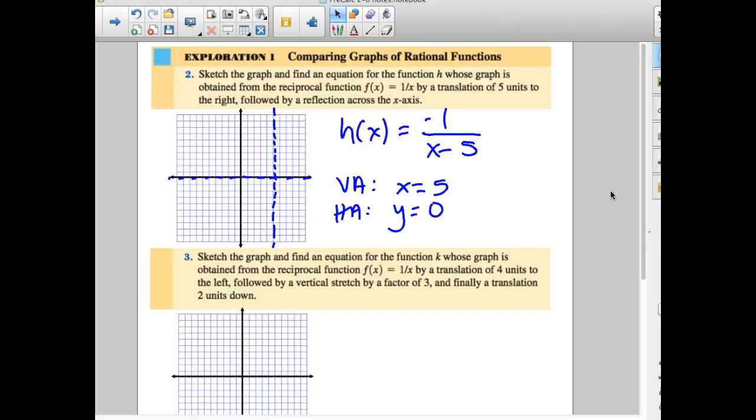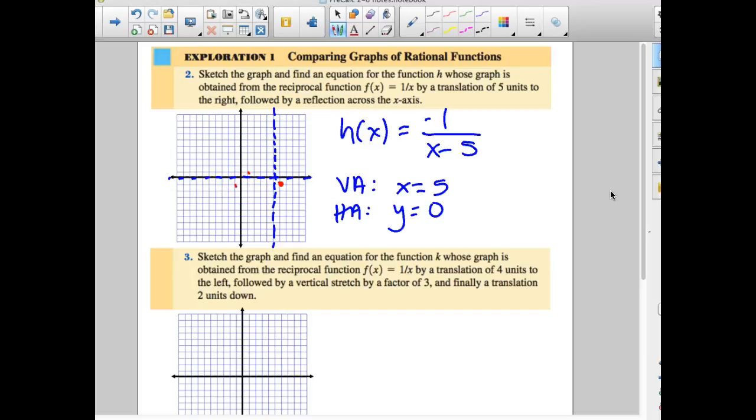So let's think about if we took one of those basic points. Our normal branches go through 1, 1 and negative 1, negative 1. If we shift it, they said they wanted us to go right 5 and then reflect over the x-axis, I would land here. Okay?